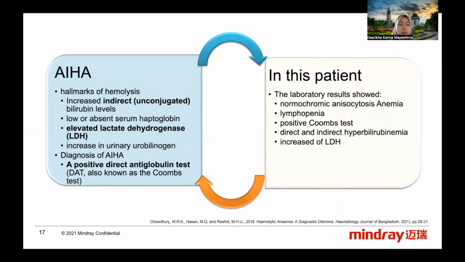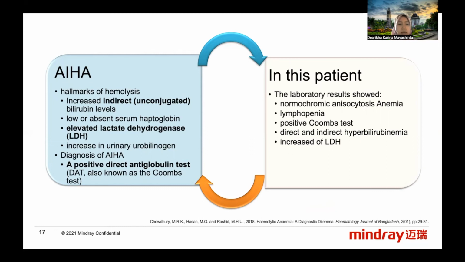In autoimmune hemolytic anemia, increased indirect bilirubin level, low or absent serum haptoglobin, elevated lactate dehydrogenase, and an increase of urinary urobilinogen are all hallmarks of hemolysis. Hemoglobinuria, which is an early symptom, indicates intravascular hemolysis.